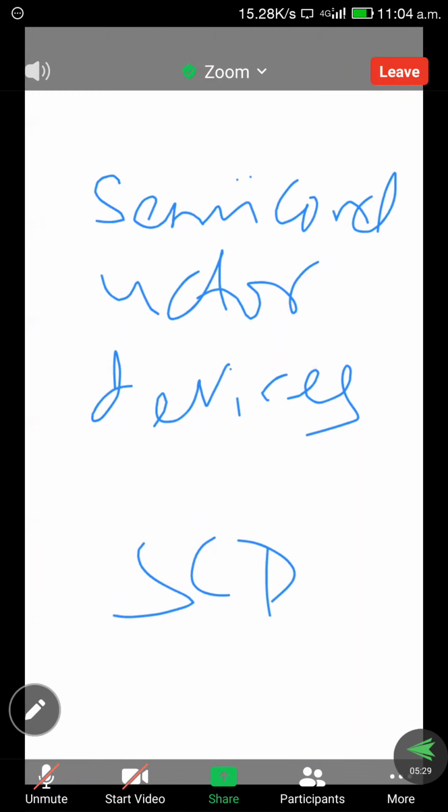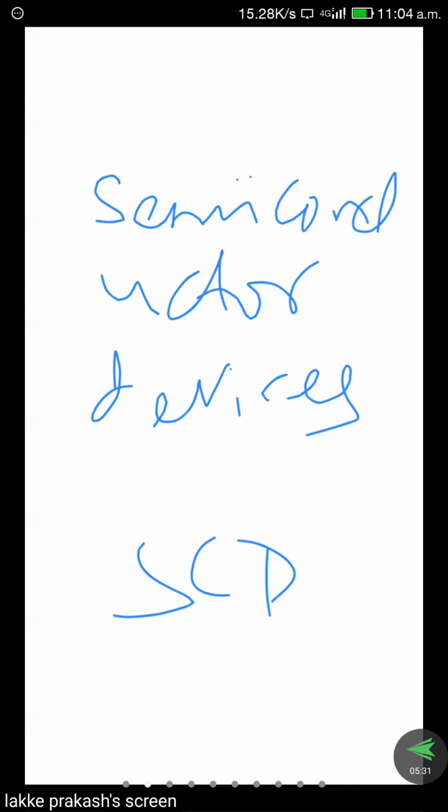Water, copper, iron, silver. And what about gold? Conductor. It is also a conductor. What about aluminum? Conductor. So from these, pick any two good conductors from these examples.